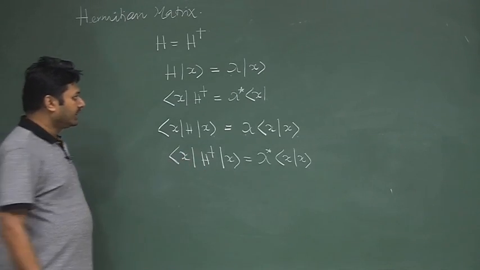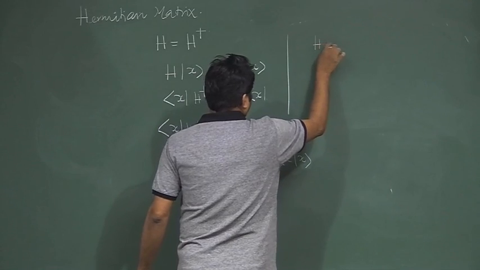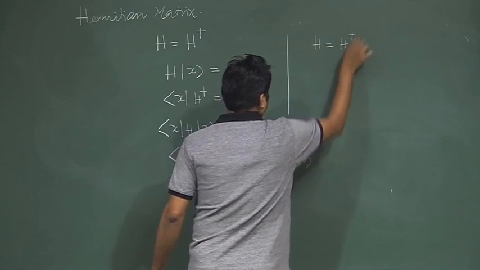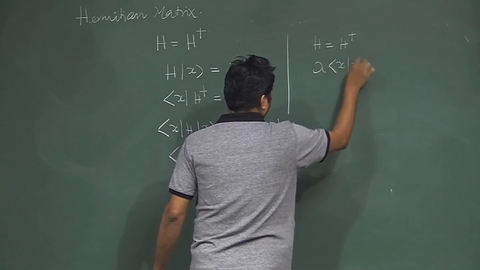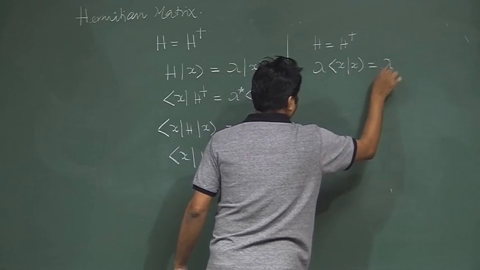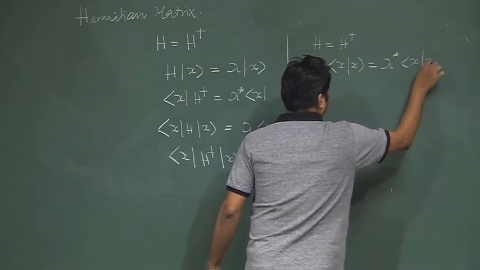Since H is equal to H dagger, I have lambda x, this quantity, equal to lambda star times this quantity.